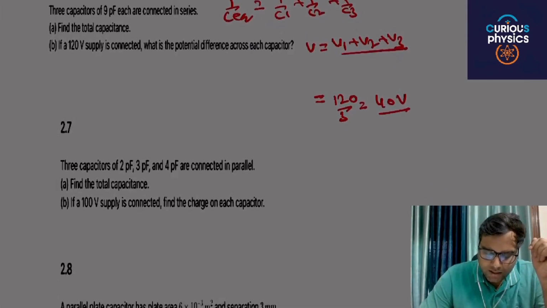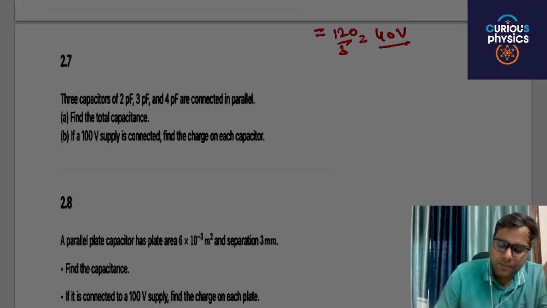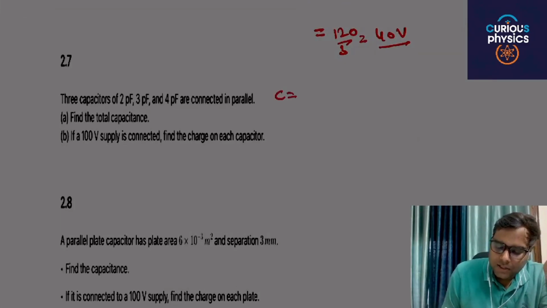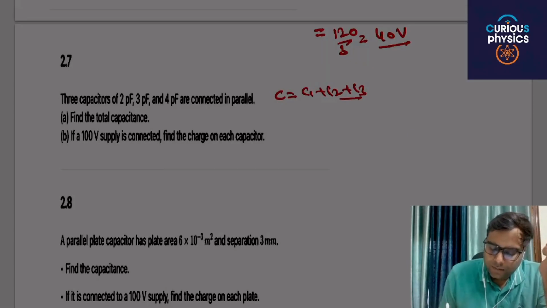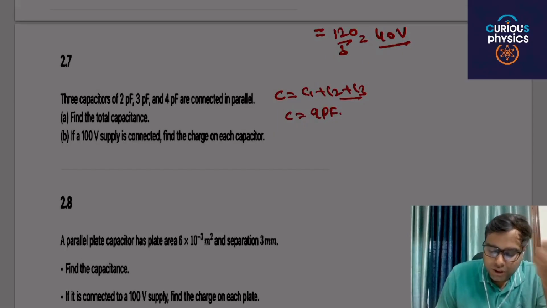2.7, 3 capacitors of 2 picofarad, 3 picofarad and 4 picofarad are connected in parallel. Find the capacitance. Simply you have to add in case of parallel: C1 plus C2 plus C3. The total will be 9 picofarad. Okay. If a 100 V supply is connected, find the charge on each. Then you have to just multiply.